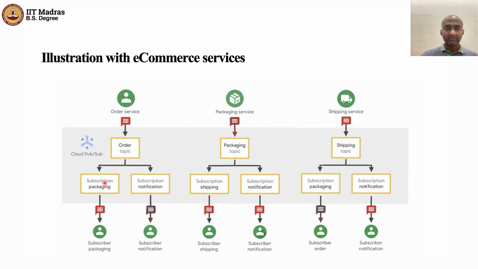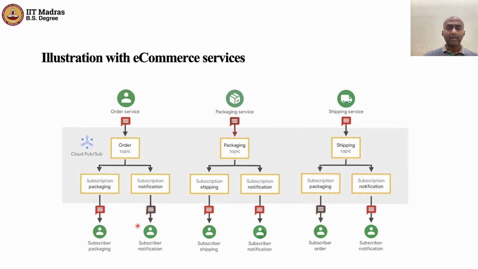So the packaging service signs up with a subscription, which is the packaging subscription, to the orders, so that it keeps getting these messages and then it does its own thing, which is basically packaging and keeping it ready. Likewise, there could also be a notification system, which is solely responsible for alerting the user that, look, I've received your order, and here's an acknowledgement, here's a confirmation, here's the invoice.